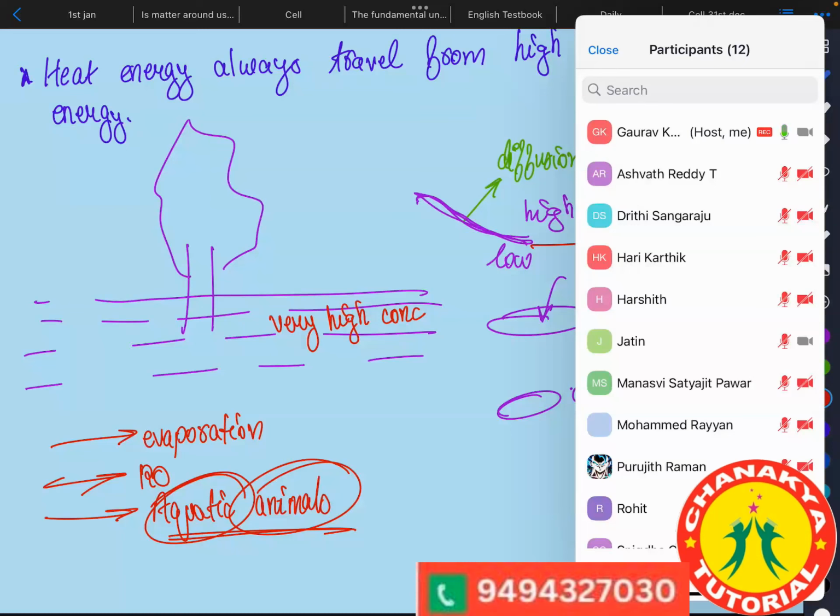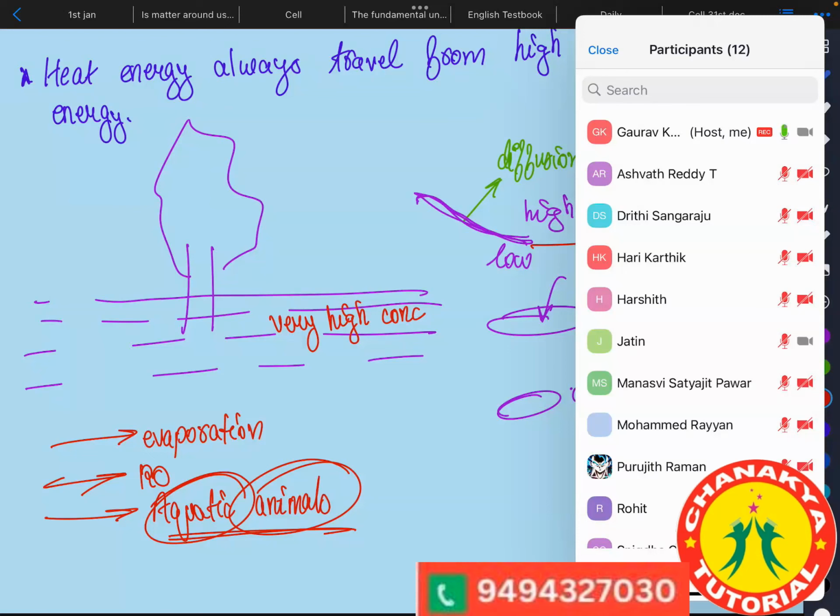Because there are sharks and whales, which are able to survive inside such high pressure. I think you are aware that we as humans can go only up to a specific level inside an ocean, inside a sea. But there are aquatic animals way below that level.